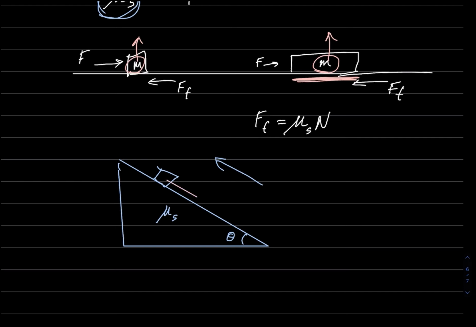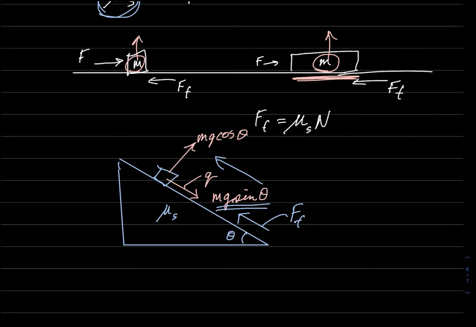We know that gravity is putting a force on the mass in this direction of mg sine theta. And we know that the normal force on the mass is mg cosine theta. And if the mass is just sitting there, then the friction force on the mass is offsetting gravity. And the friction force is mg sine theta in this direction. That's the friction force. This is the force from gravity.